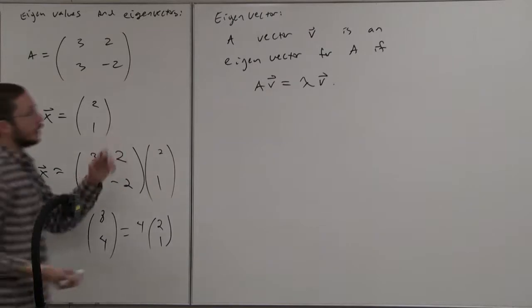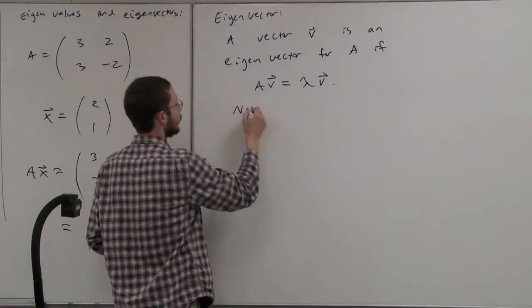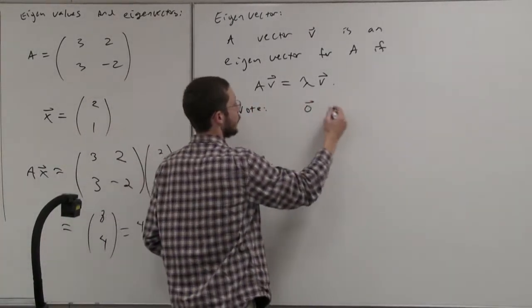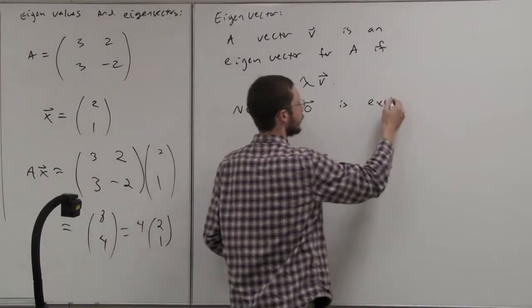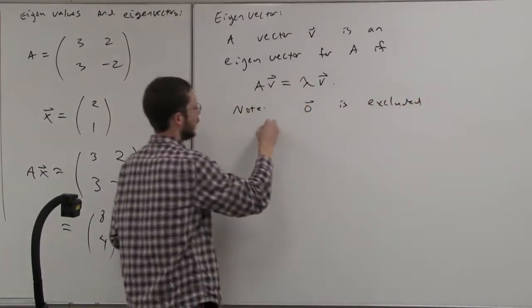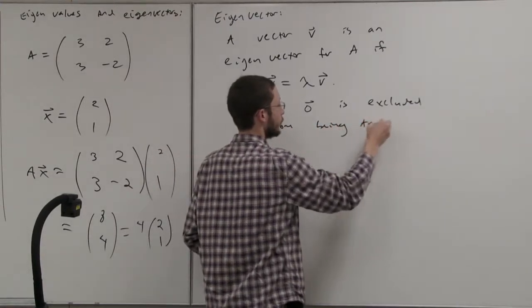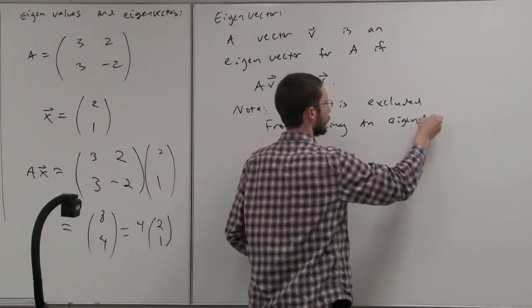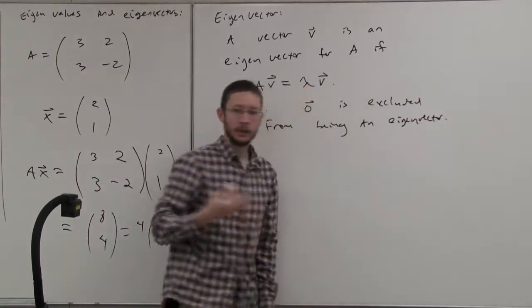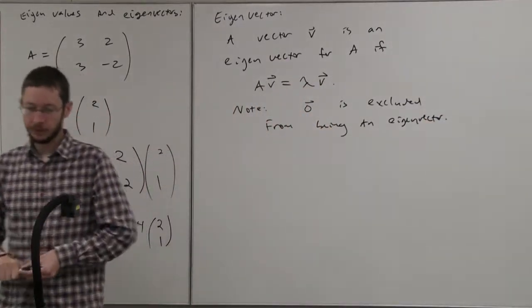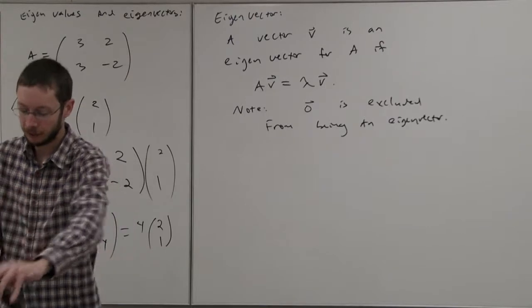And we assume that all eigenvectors are non-zero. So 0 is excluded from being an eigenvector, because it doesn't really have the features that we look for in an eigenvector, right?